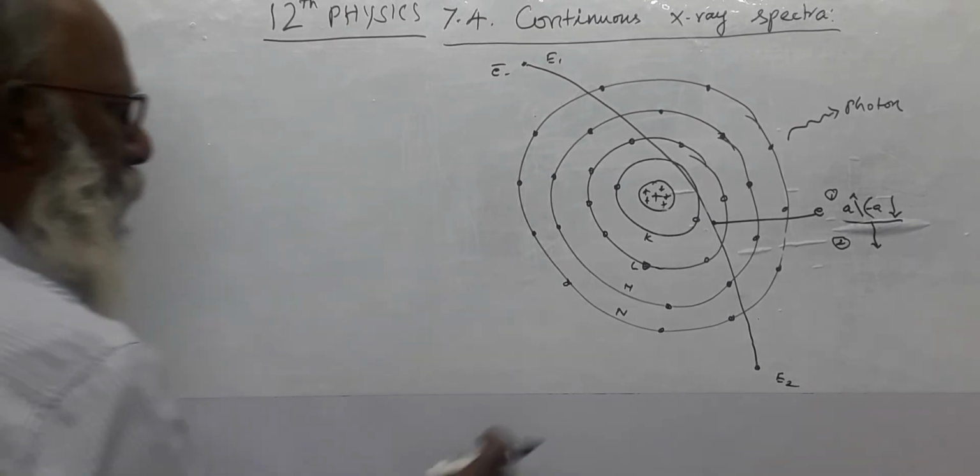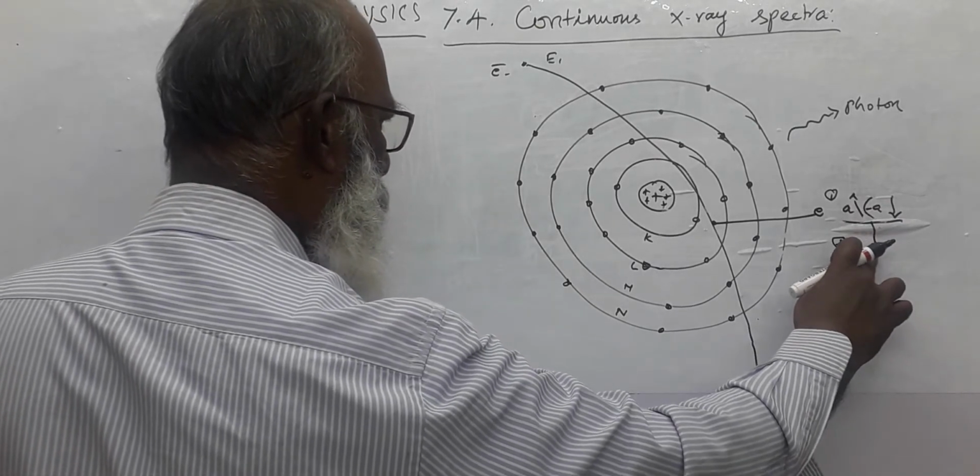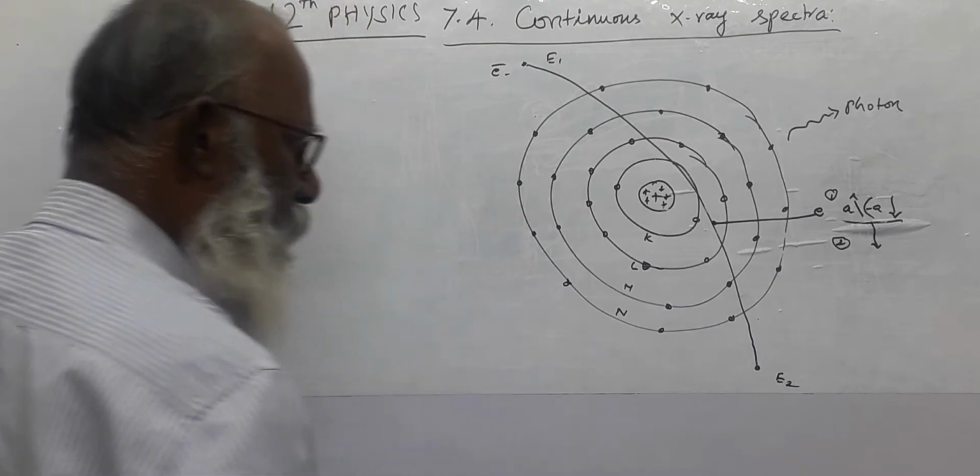Now, the decelerated electron produces some radiation.